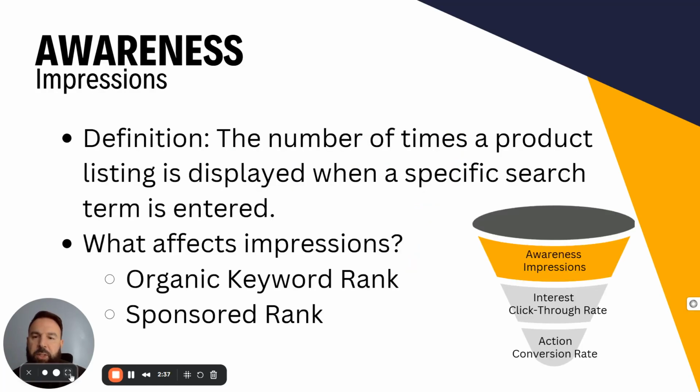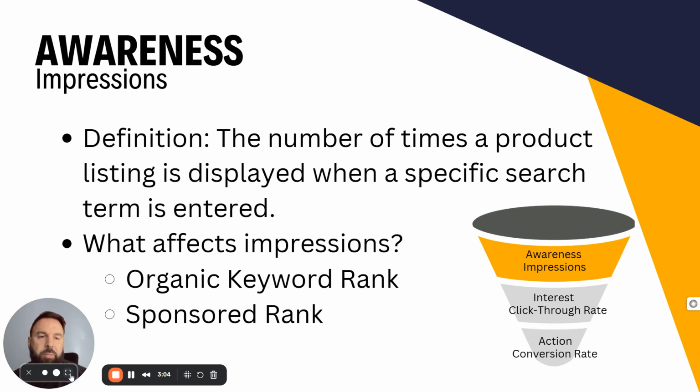At the top, we talked about awareness, and that is the number of times a product listing is displayed when a specific search term is entered. Basically, what affects it is both organic keyword rank and sponsored rank. If you have used Amazon, as I'm sure most of you have, when you search for a product, at the very top, in the middle, and sometimes in the bottom as well, you get sponsored results.